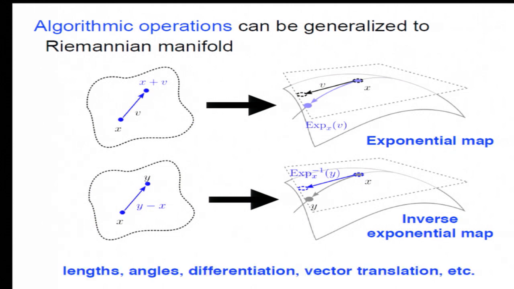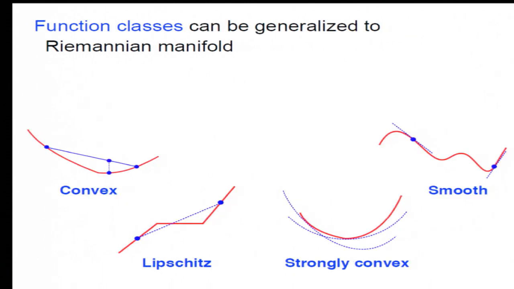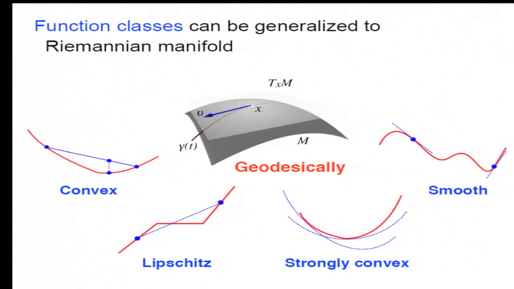We can also rigorously define lengths, angles, differentiation, and vector translation on Riemannian manifolds. Function classes can also be generalized. For example, we have on Riemannian manifolds functions that are geodesically convex, geodesically Lipschitz, geodesically strongly convex, and geodesically smooth.